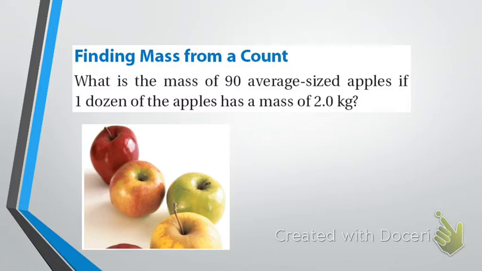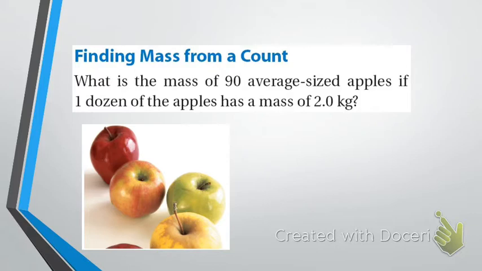For example, how can we find the mass from a count? Here's our question. What is the mass of 90 average sized apples if 1 dozen of the apples has a mass of 2 kilograms?